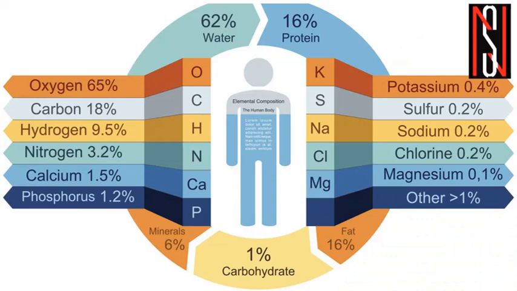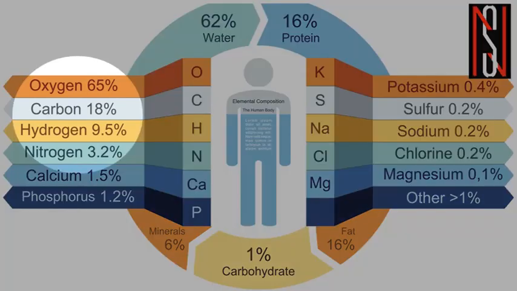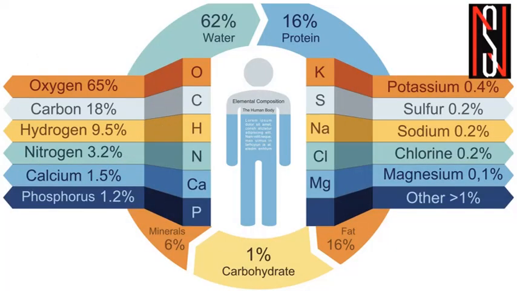So most of our body contains oxygen, carbon, hydrogen and nitrogen. These four elements make up more than 90% of our body.